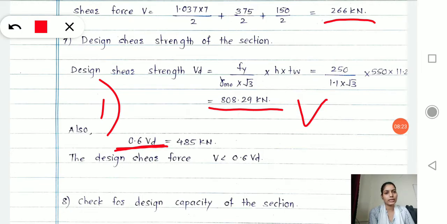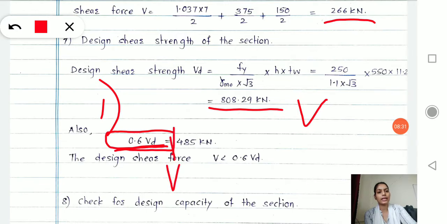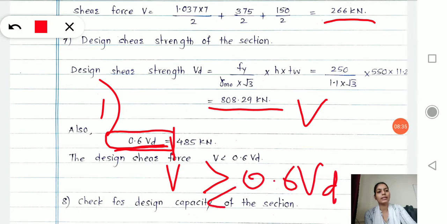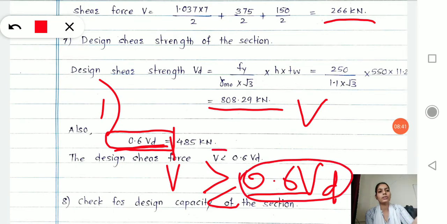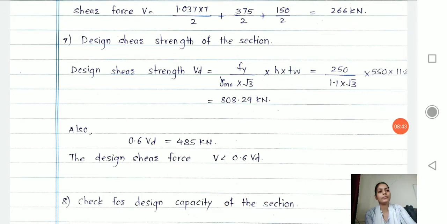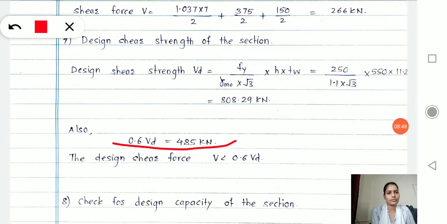So to check that condition, first I have calculated 0.6 times the shear strength, because our condition asks us to check whether shear force is greater or lesser than 0.6 times shear strength. That's what I did over here.